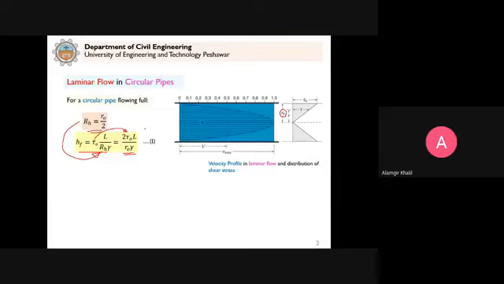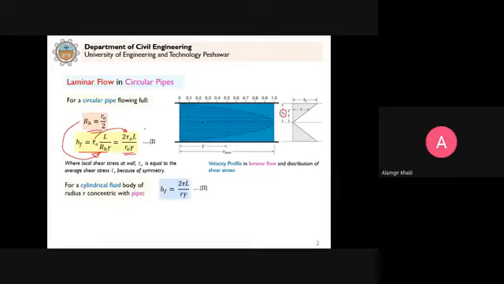We already derived this before, and if we proceed in a similar fashion, rather than considering R naught and tau naught, if we consider R and tau, this is how we will get this expression here. Clear?